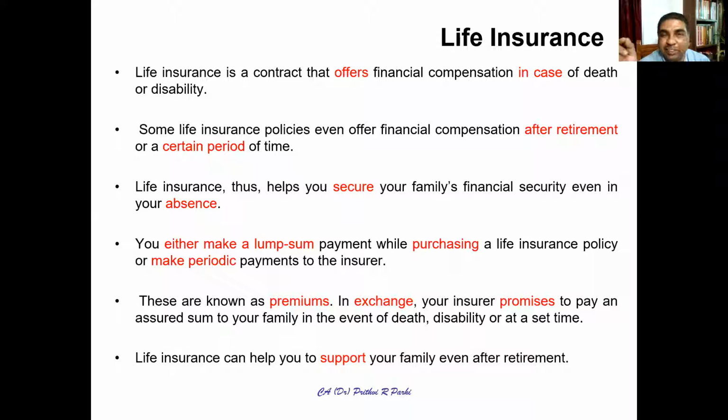As per this contract, a compensation is to be paid on the happening of death or disability of the person. So the life risk is covered, or more precisely, the financial loss due to loss of life.